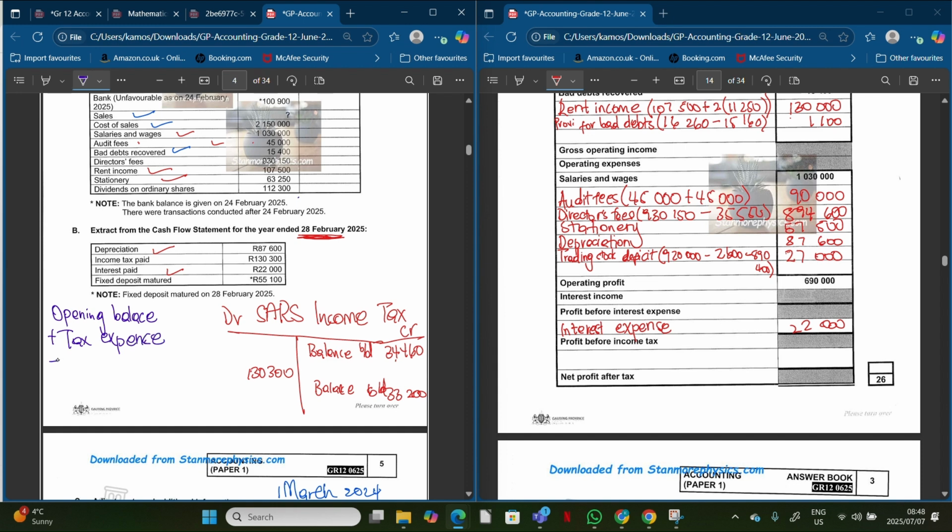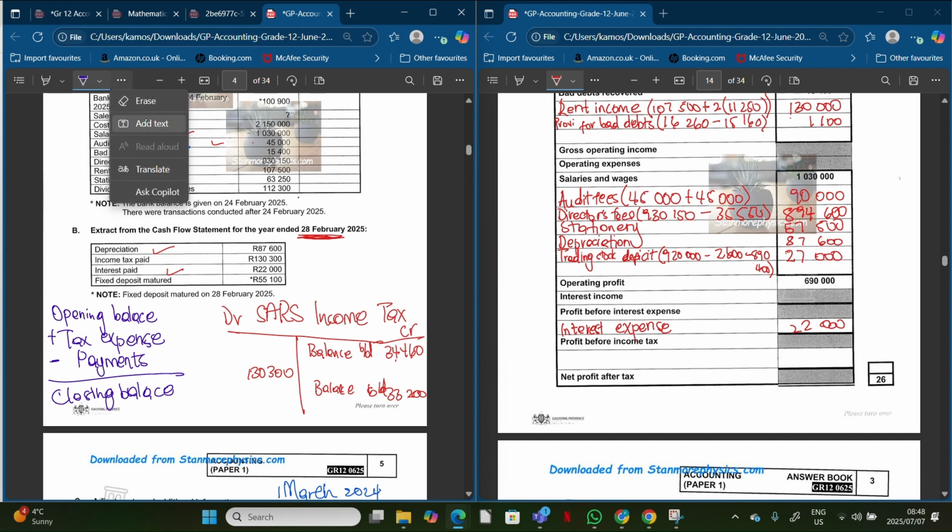Then you subtract the payments that you have made, and at the end you have your closing balance. So opening balance plus tax expense minus the payments should give you the closing balance.